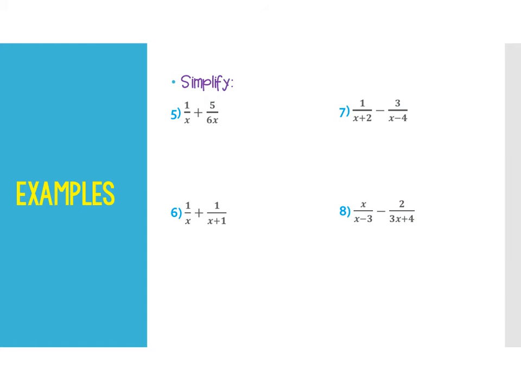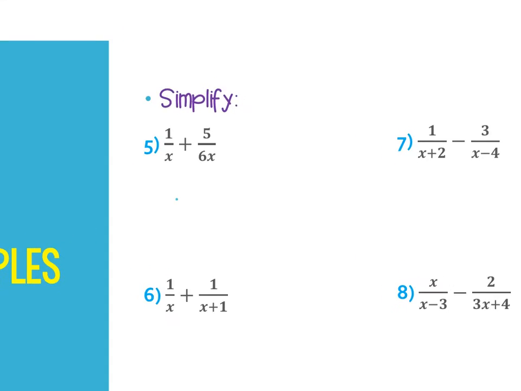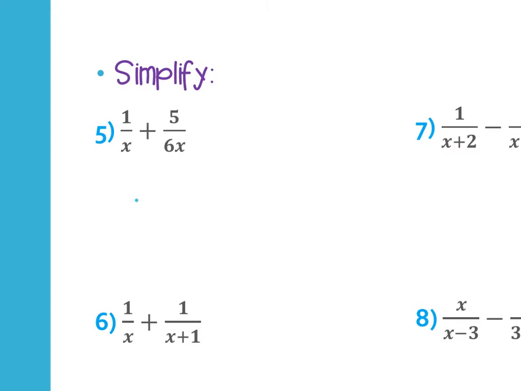All right. Now we get ones that don't have the same denominator and they have variables in them, okay? So number 5 says 1 over x plus 5 over 6x. So I have to look at my denominators, which are x and 6x, and I have to find the least common denominator of them. So if I look at the numeric part first, it's 1 and 6. What would be the least common multiple there? 6. And then they both have an x, so I have to have the x as part of my answer.